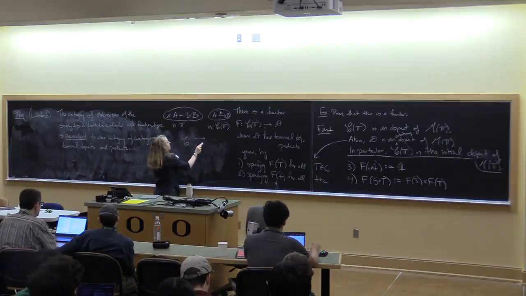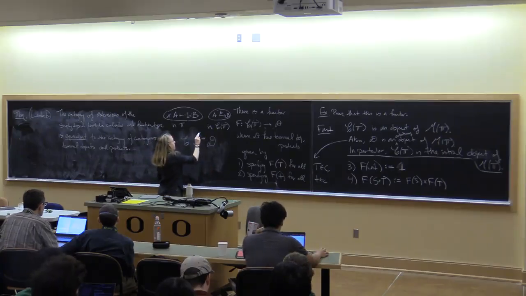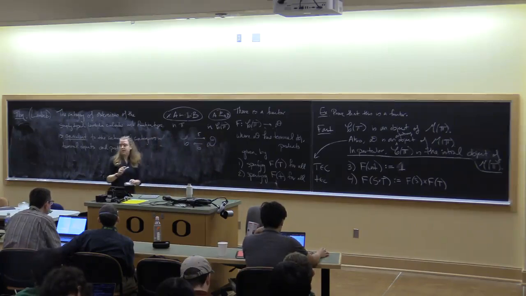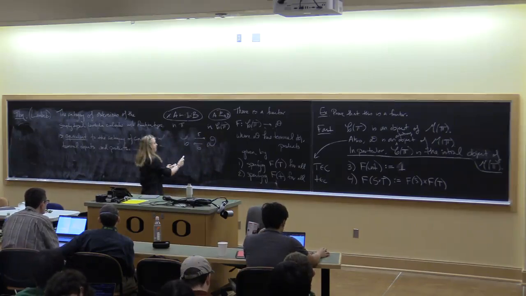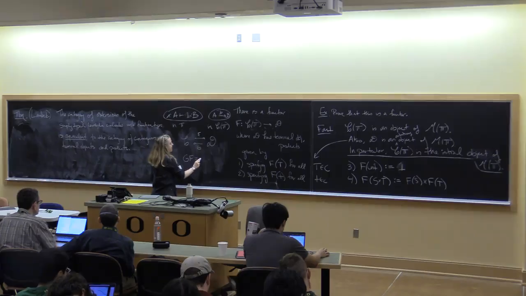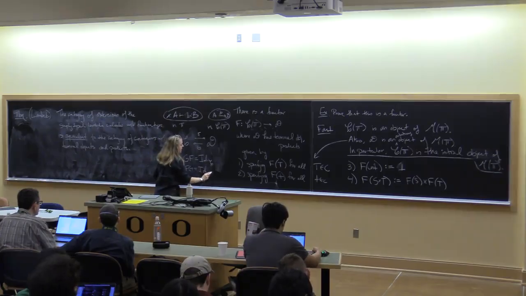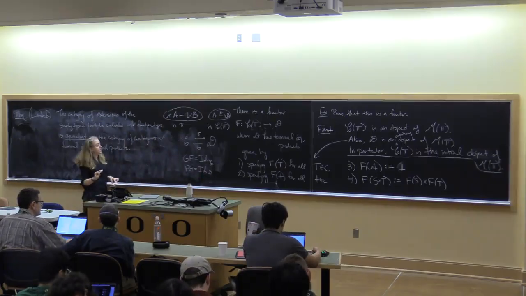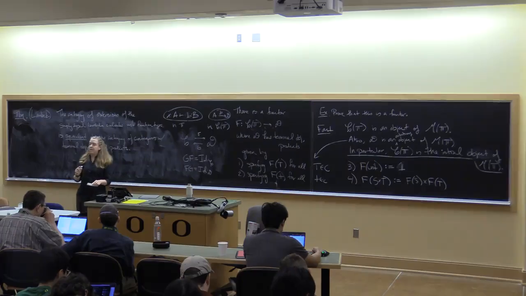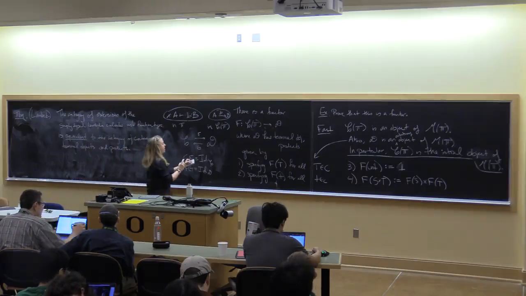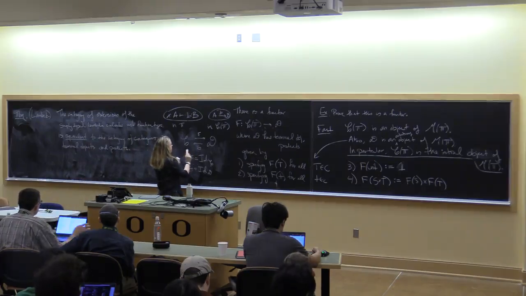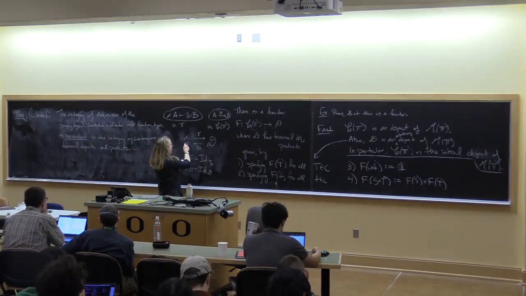Which would mean that we have two categories like this with maps back and forth, such that GF is the identity on C, and FG is the identity on D, and it looks like this. Okay. But then when I have an object, let's say of C, I can plug it in here to this functor and see how it acts.